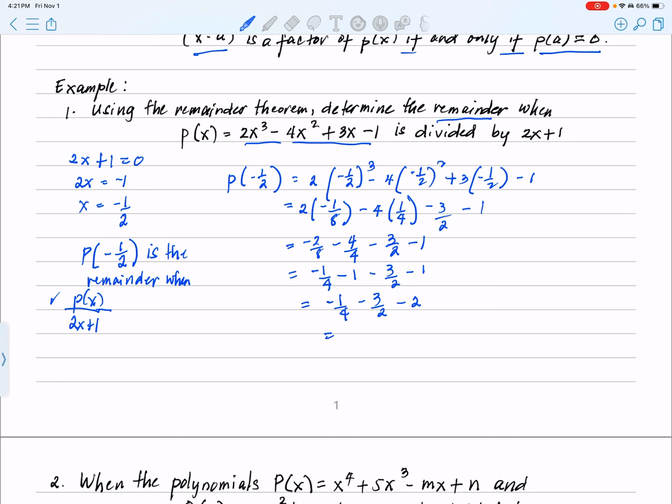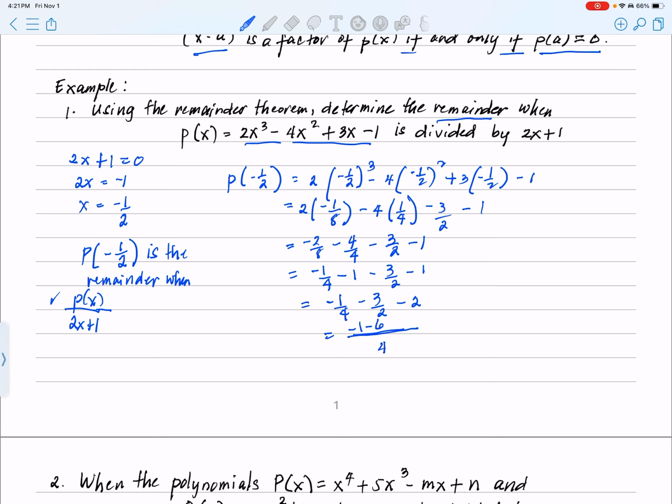Since our denominator here is 4, the greater than 2, might as well I put everything under the denominator of 4. 4 by 4, it's 1. 4 divided by 2, it's 2 times negative 3, that's negative 6, right?